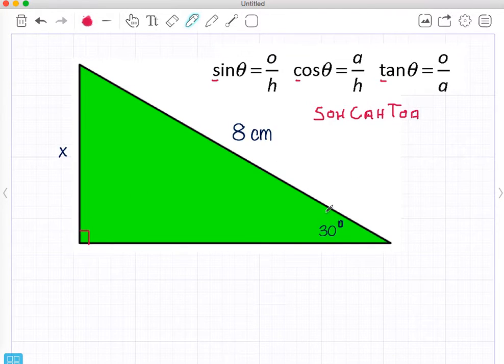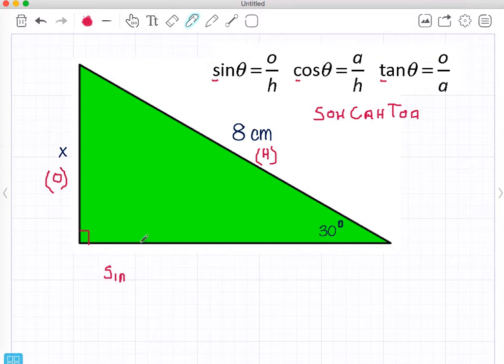So first of all, we've got this angle here, so this is our theta, and it's 30. And we think about what two sides we've got. We've got the opposite side, across from 30, and we've got the hypotenuse. Which one of these uses O and H? So we pick the correct one, and that's the sine. So we're going to use sine, and now we're going to fill in the values here if we have them.